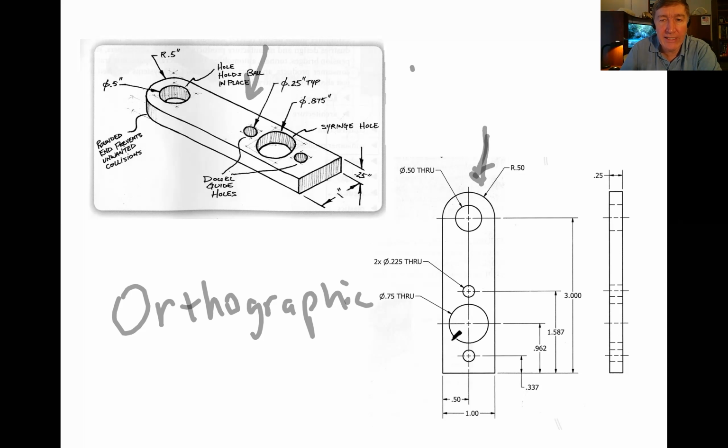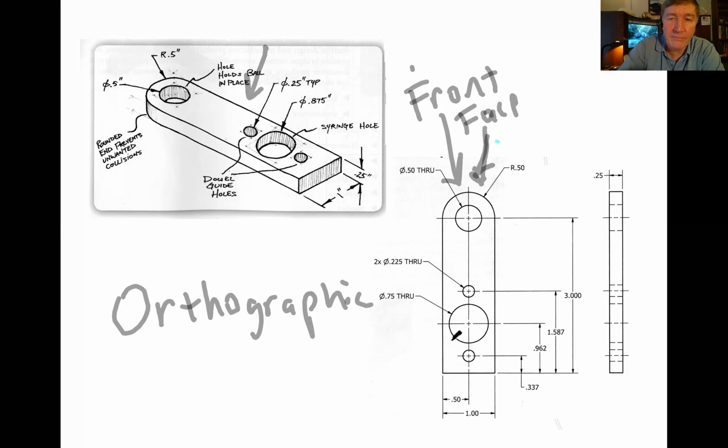It doesn't show any sides. It just shows the one face. We could call this the front face of the object. And so all we want to see is just that front face. We don't want to see anything else.